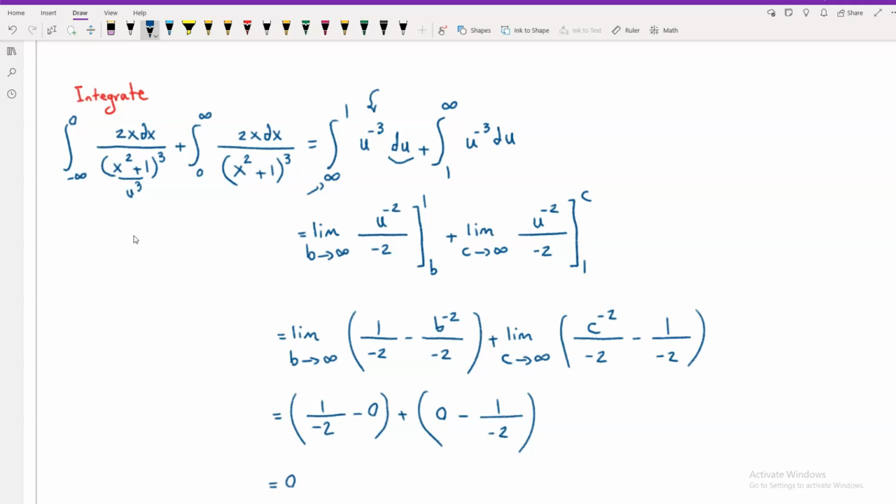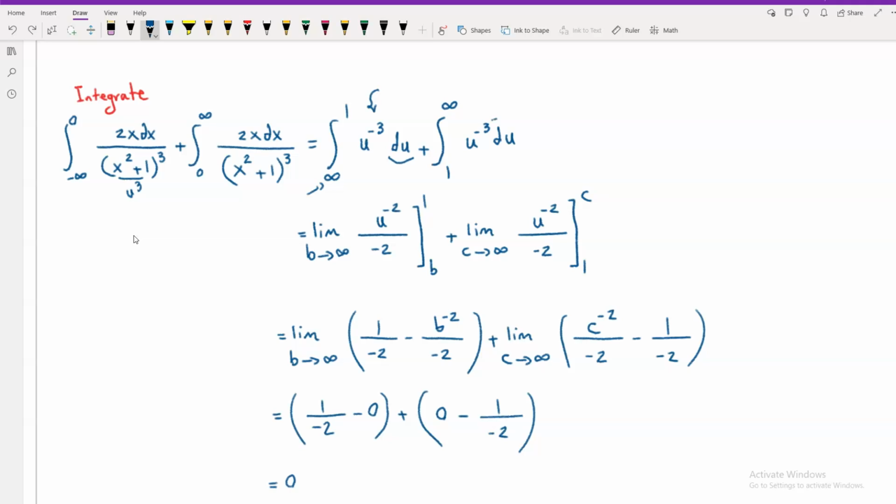And this is equal to the limit as b approaches positive infinity. So integrate. We have negative 3 plus 1 is negative 2, divided by the same number, negative 2. And then plus the limit as c approaches positive infinity.